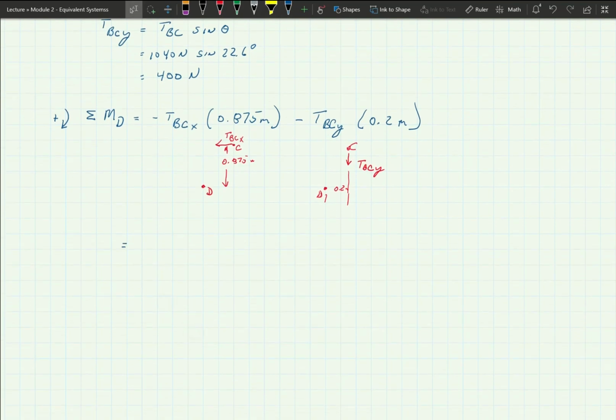But we are now at the point where it should be fairly simple to plug some numbers in.